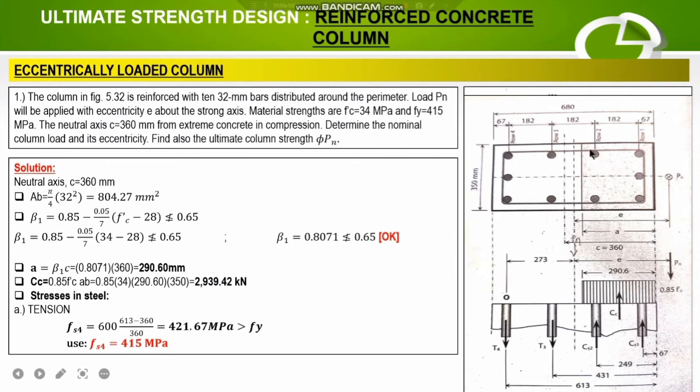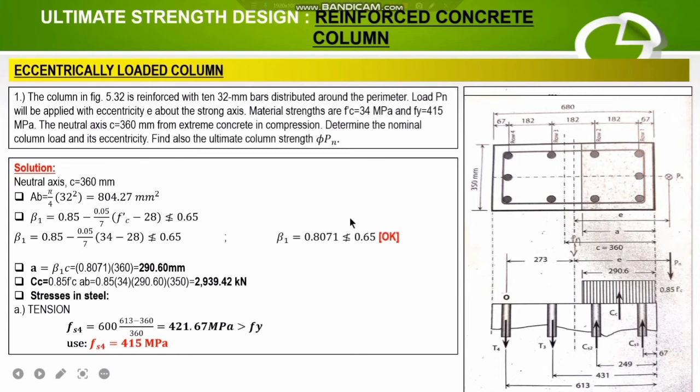Remember, all bars in that part will be subjected to compression, and from 360 to the extreme concrete fiber of the tension part, in that part all bars will be subjected to tension.